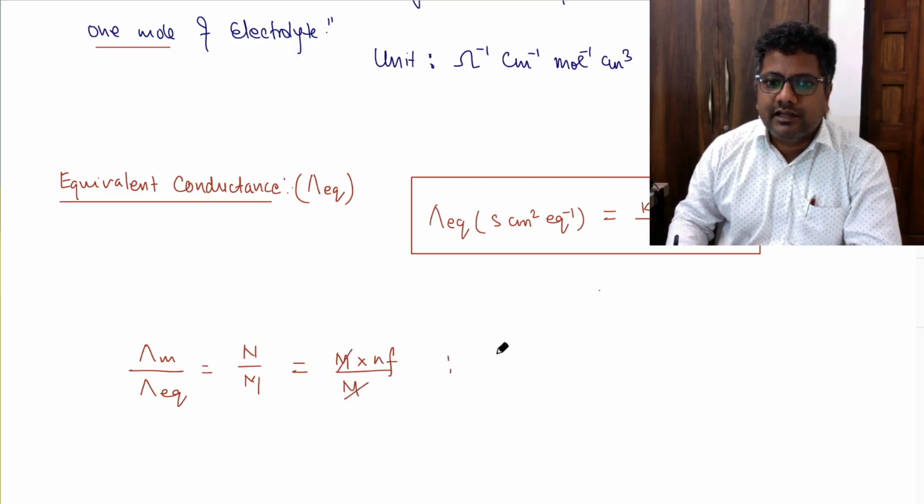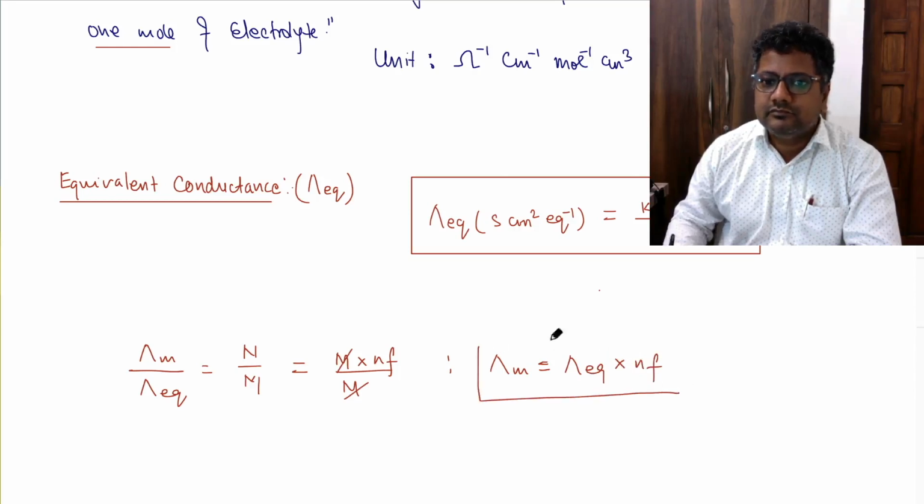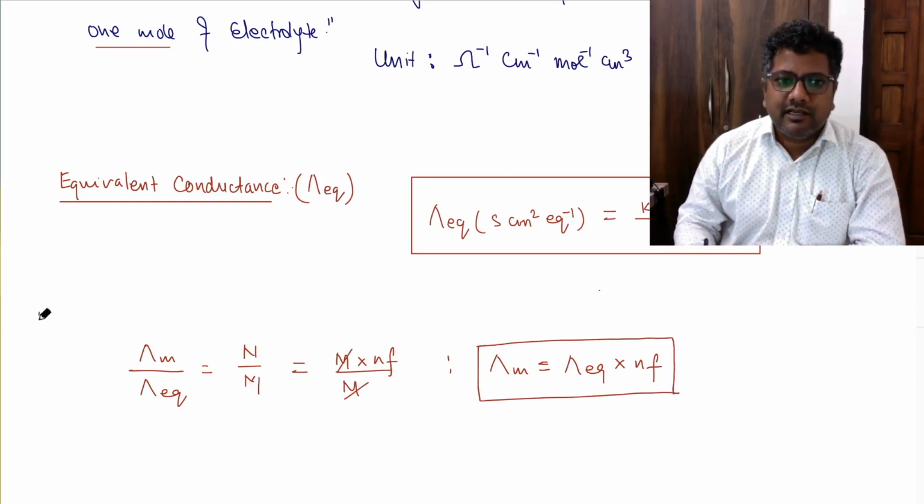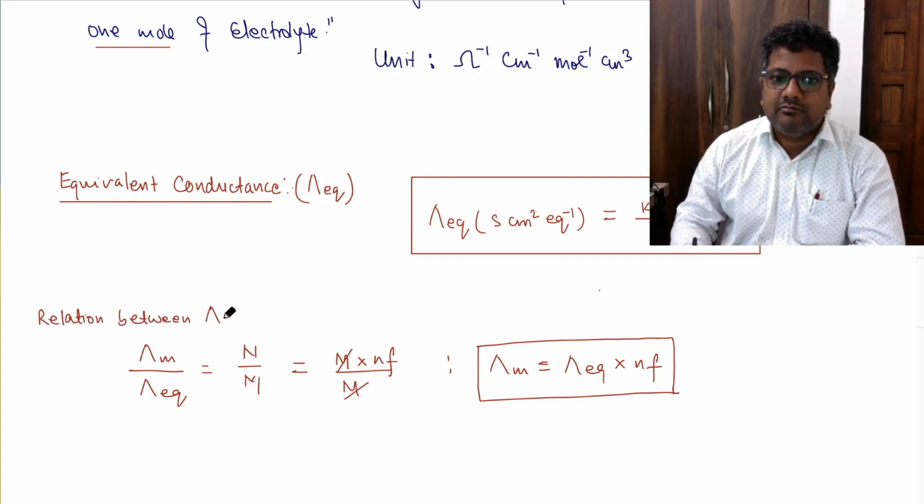So you can write lambda molar is equal to lambda equivalent into n factor, right? So this is the relation between lambda m and lambda eq.